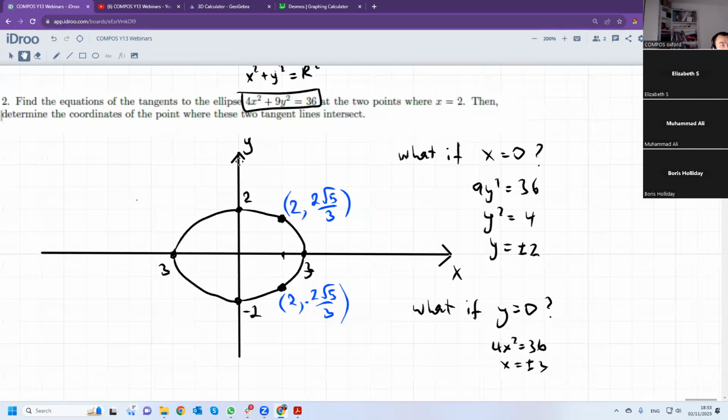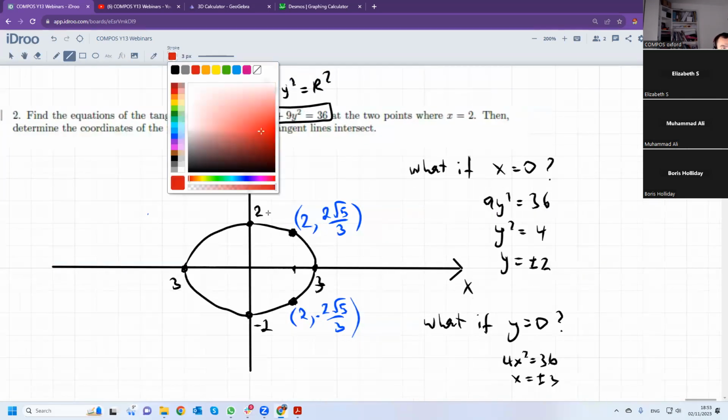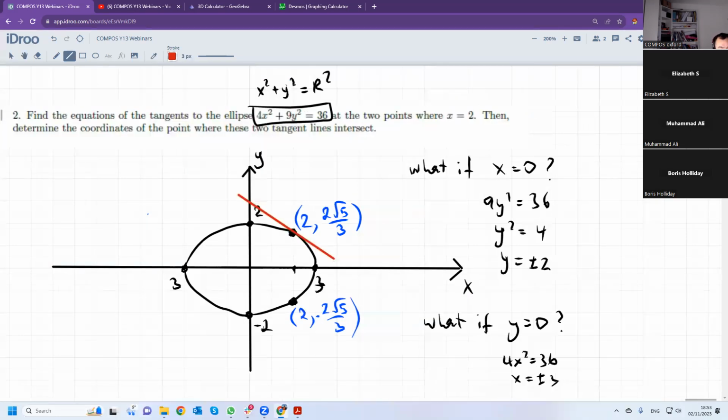Okay, so we need the equation of the tangents. So it's always worth drawing the tangents. So here's a tangent and here's a tangent.